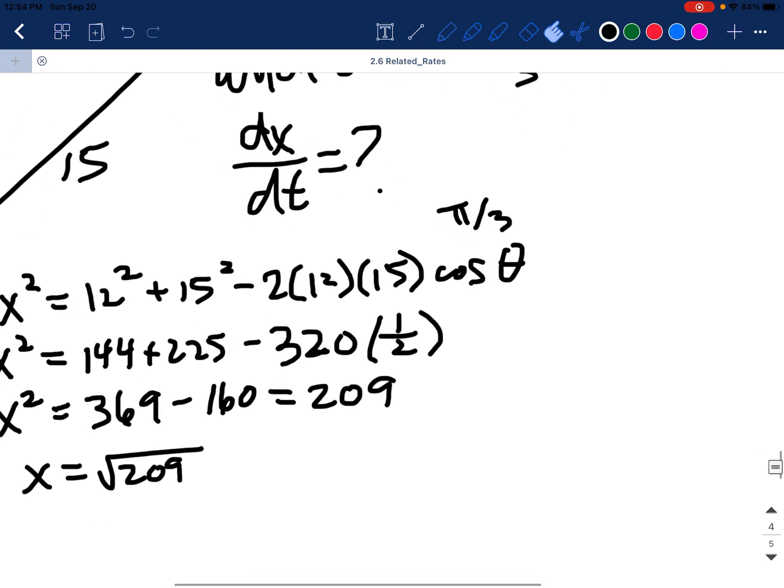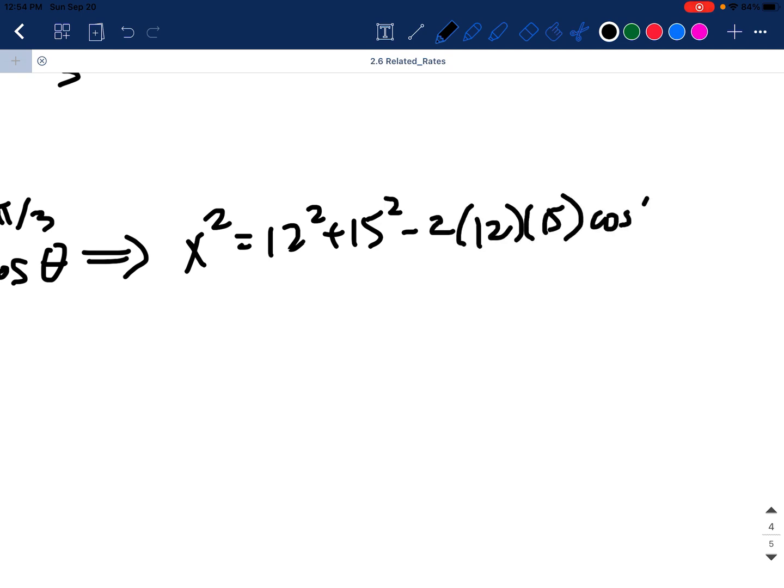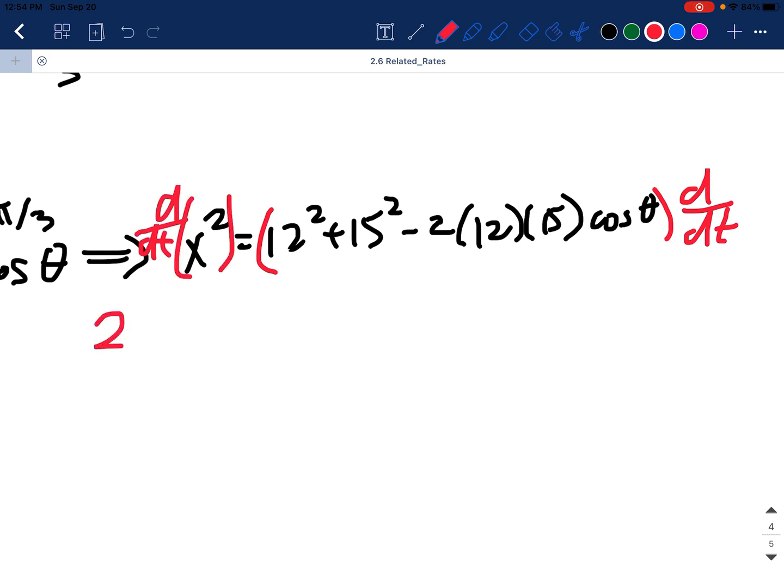So now we're going to take our equation and differentiate it. Again, we have x squared equals 12 squared plus 15 squared, which aren't going to matter. So let's differentiate with respect to time. So we'll get 2x x prime, and then we're going to get that 12 times 15, which is going to be 320, negative 320.